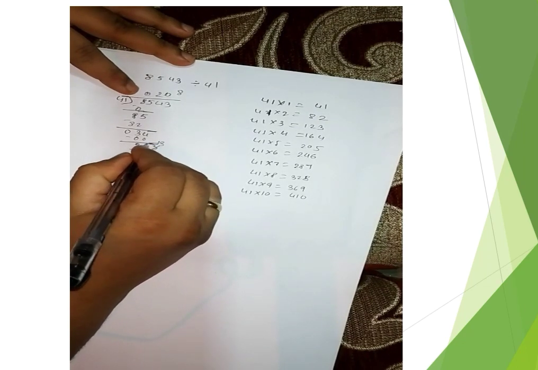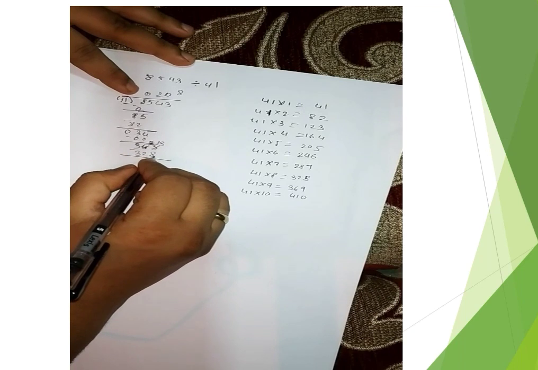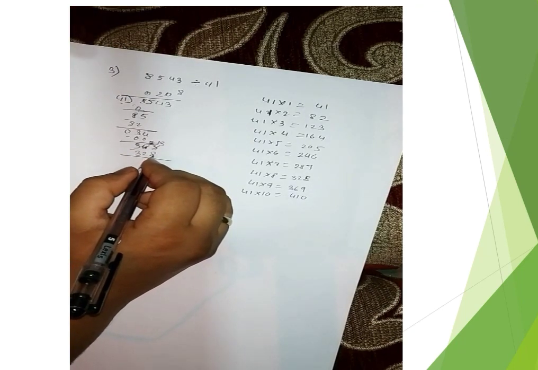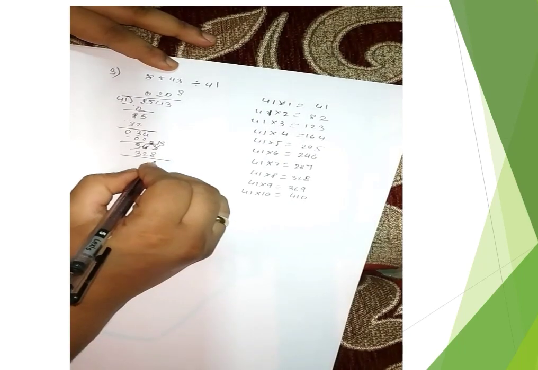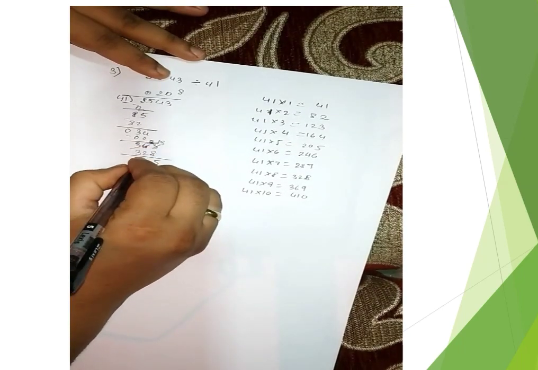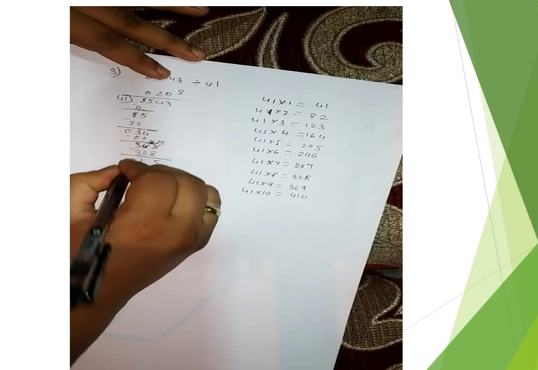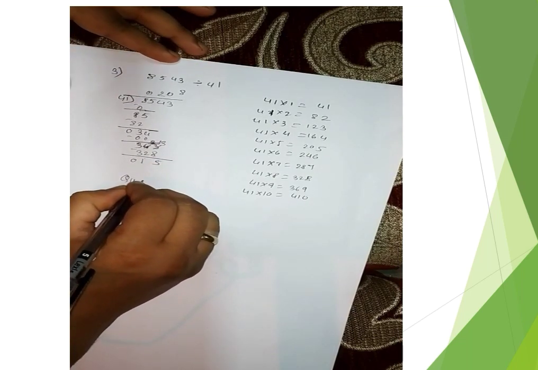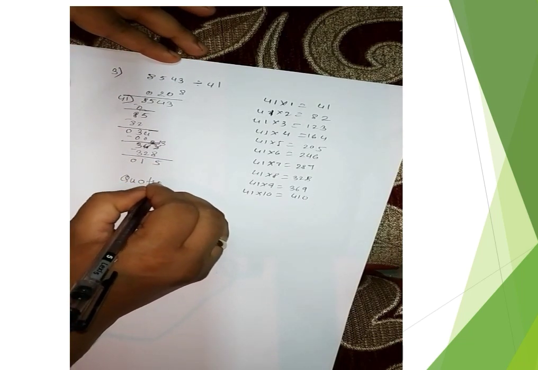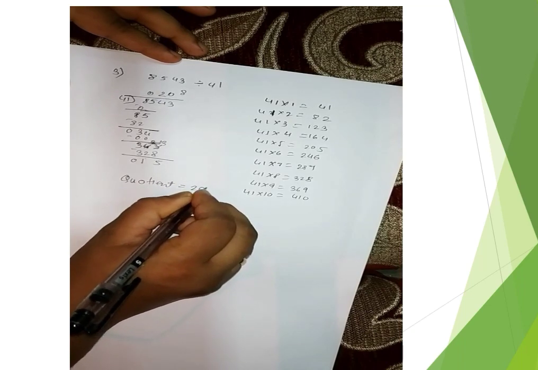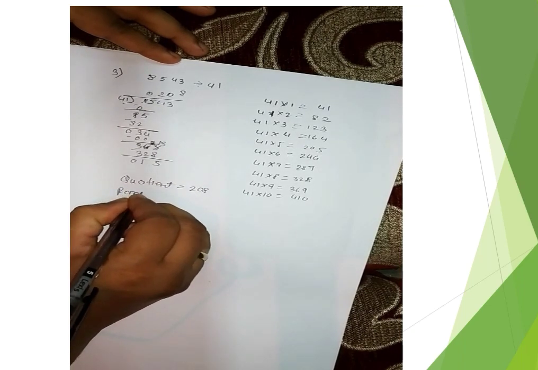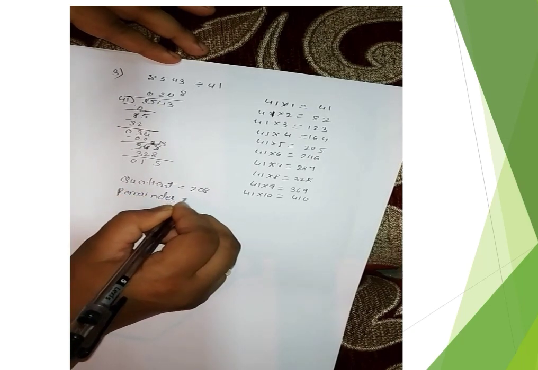So here 13 and here 3. Here 5 and here 1, 0. So the quotient is 208 and the remainder is 15. Understood till here? Okay.